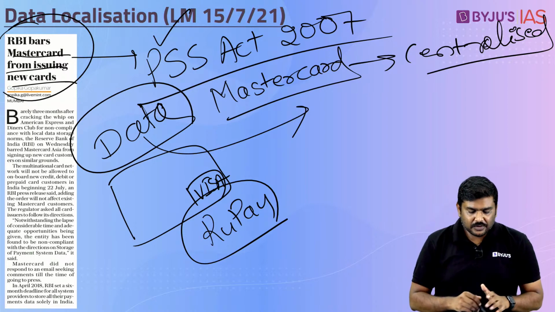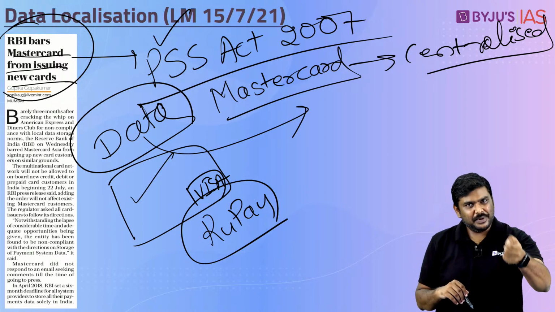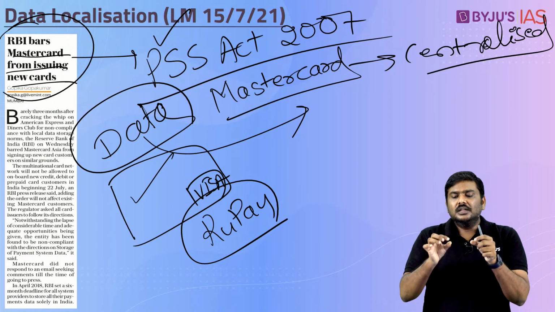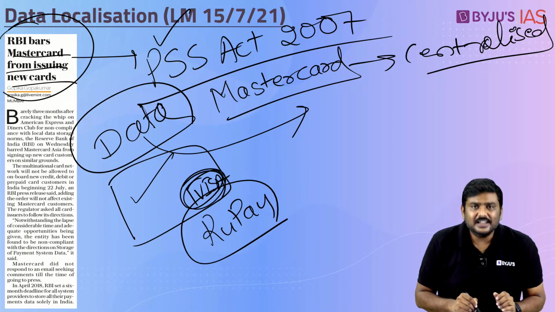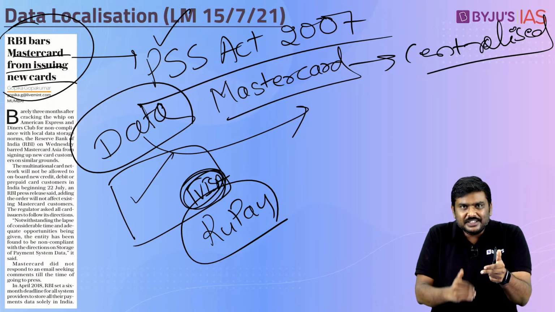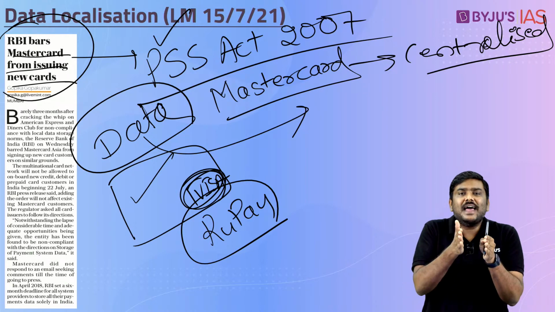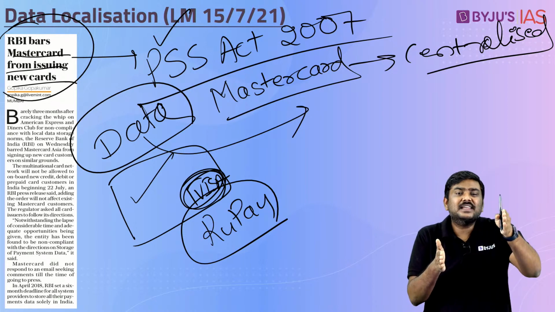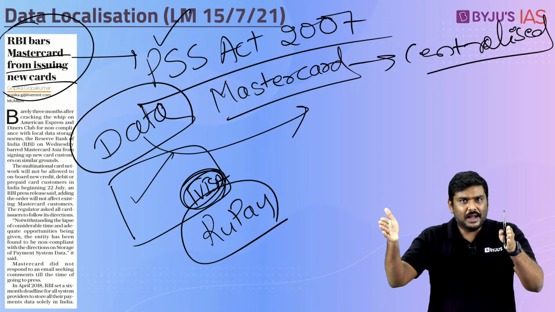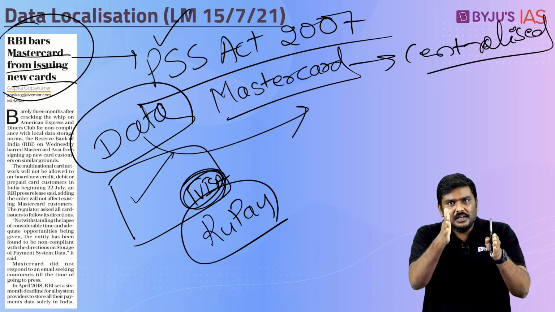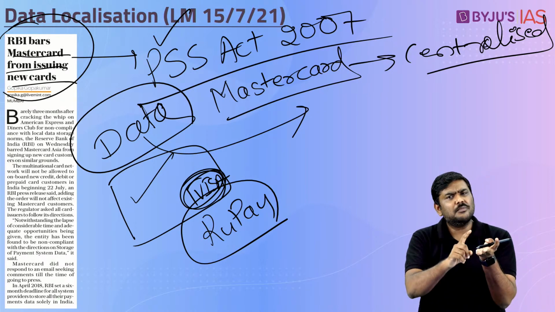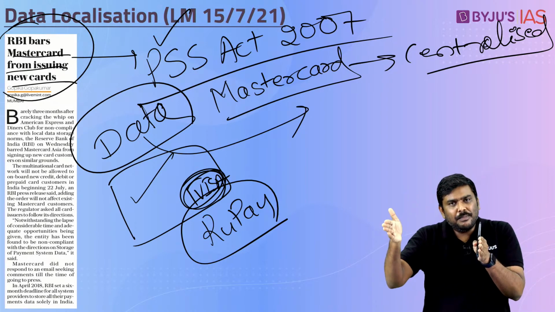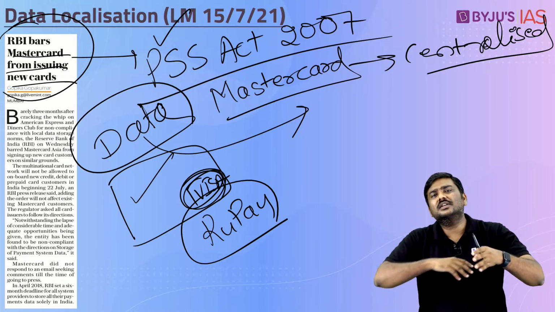Generally what happens is, if you use this card, either a credit card, a prepaid instrument or even a debit card, for conducting any kind of transaction, the issuer of the card, that is the company whose name is written here, Visa, Mastercard or RuPay, will act as a mediator between the shop or the place where you are using the card and a particular bank. That is called a payment gateway. So RuPay, Visa or Mastercard, all of them are payment gateways. They will facilitate a transaction between the bank as well as the shop or the place where you are using the card.